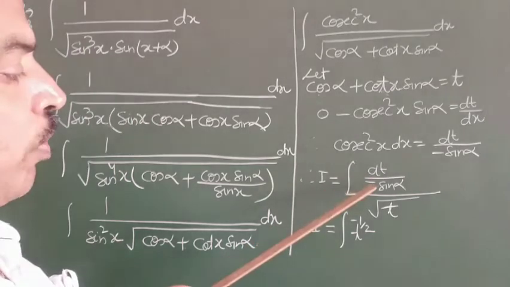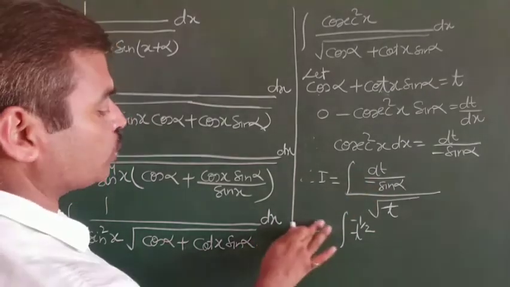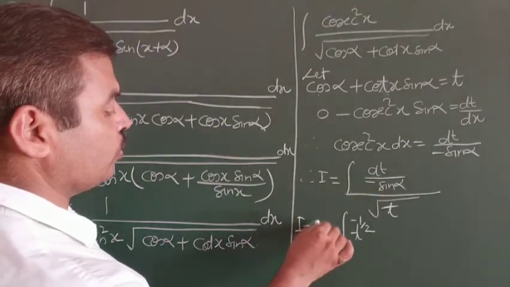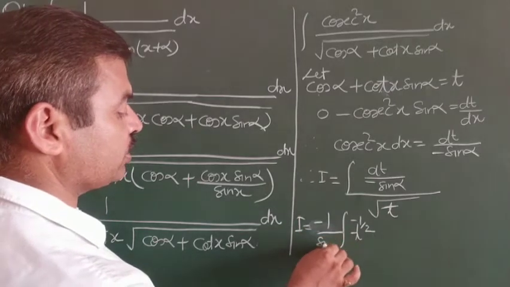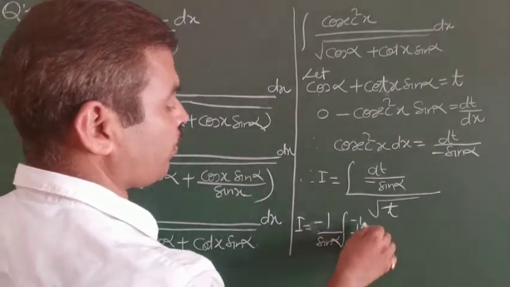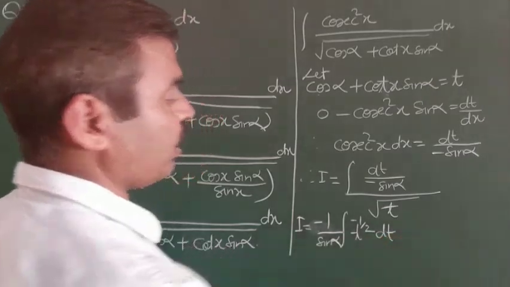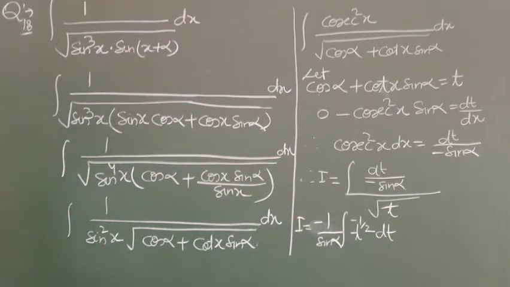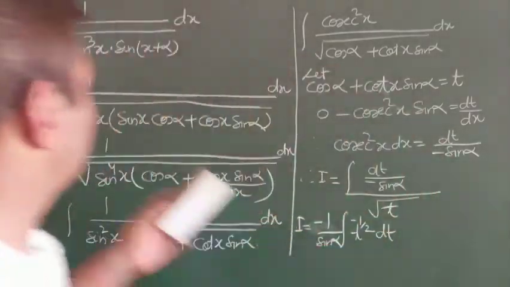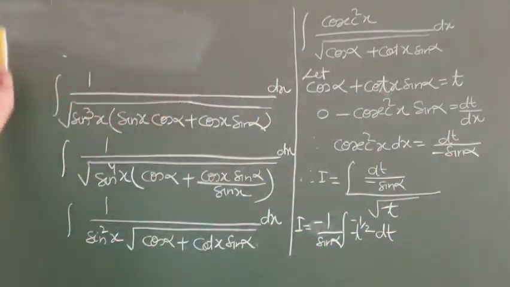This 1 upon minus sin alpha will be outside. So I equals minus 1 upon sin alpha integral of t to the power minus 1 by 2 dt. Now students, we have to find its integral.